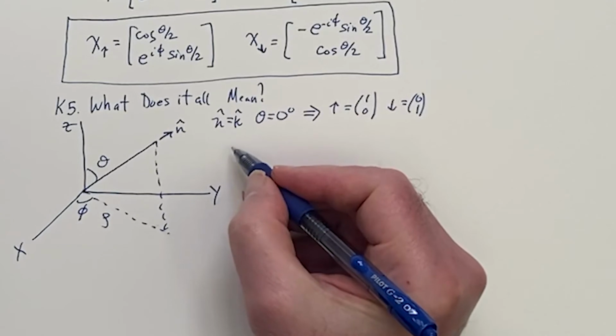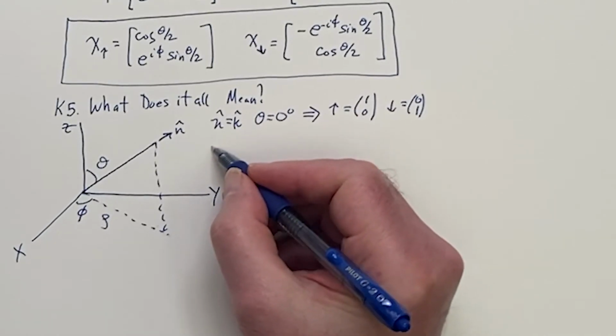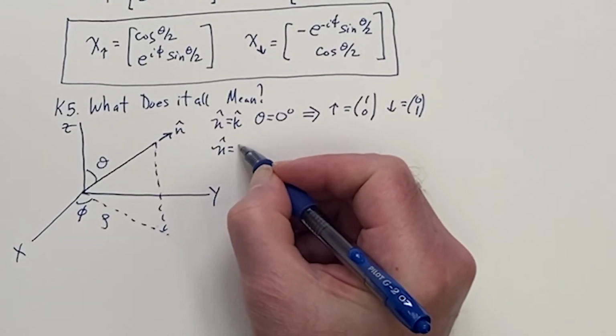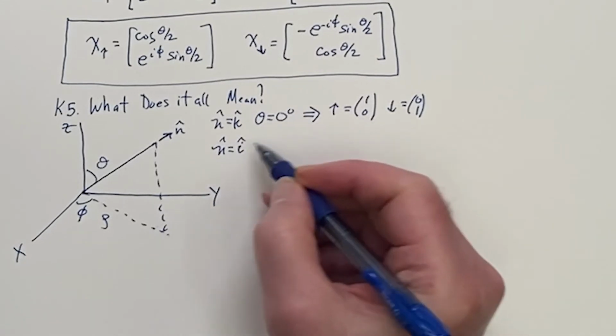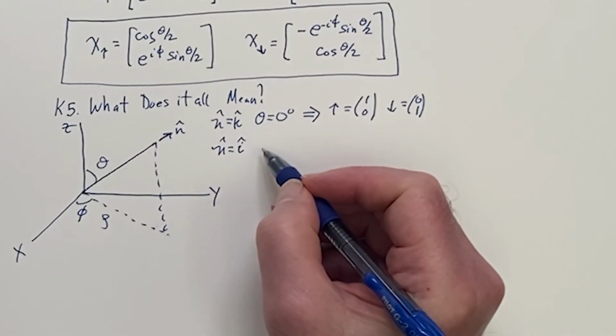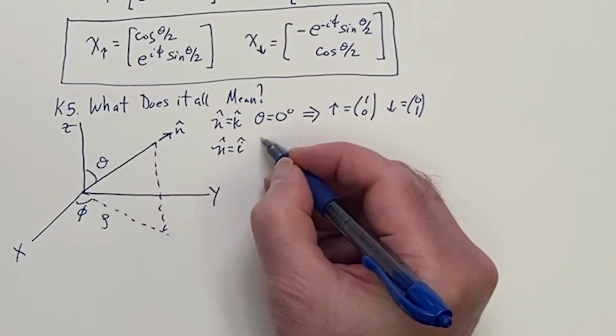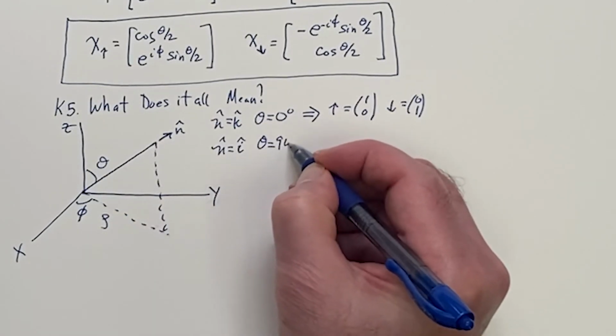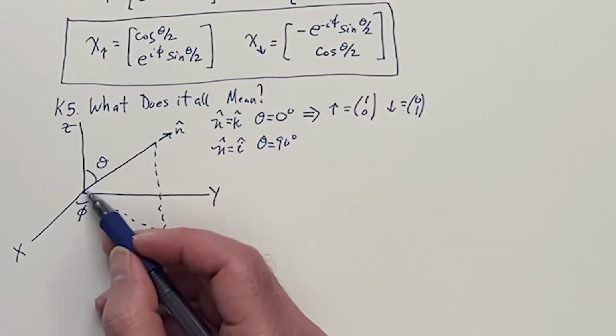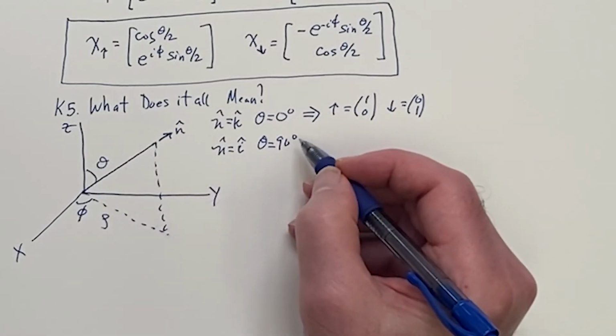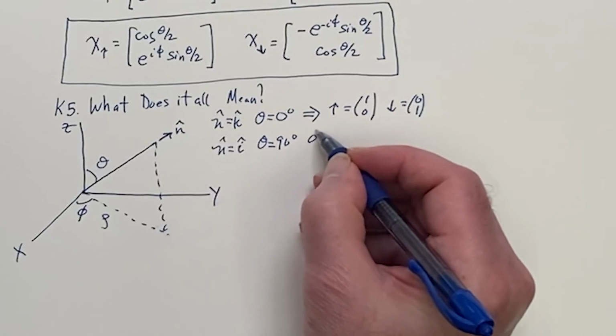Now, if we were to look at the i hat, which is one that we did for the x, then we would want to have theta to be 90 and phi here to be along x to be 0.